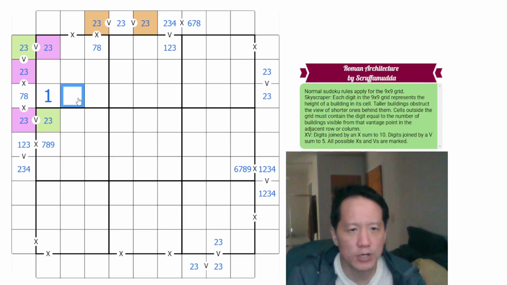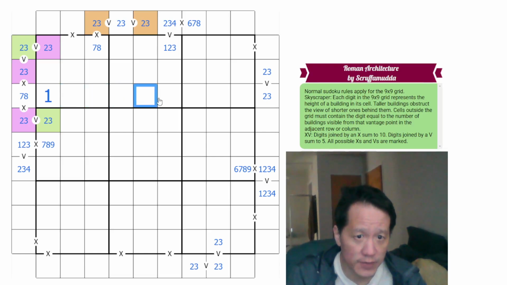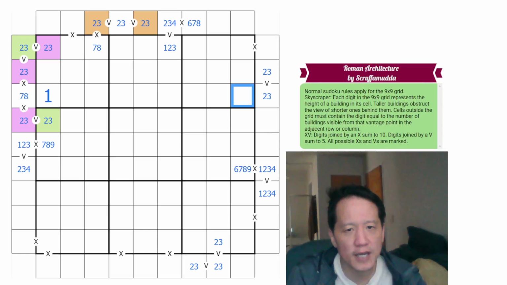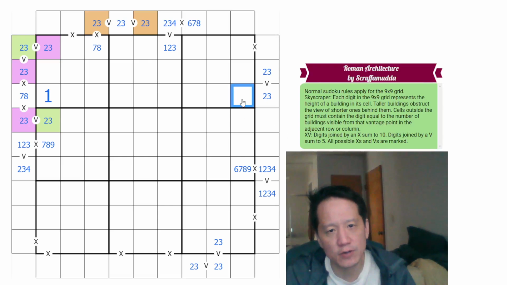We can see 1 of 2 or 3 here. Or it could just be 4, 5, 6, 7, 8, 9, right? We see 2 or 3 here, so this cannot be 9. If this were 8, this would see 2, but then that's not allowed, so this can't be 8 either here.